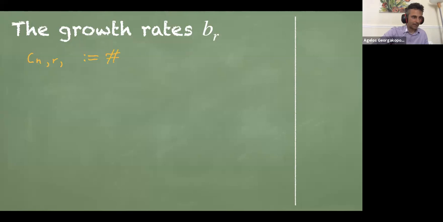So I'm going to count the number of interfaces of size n and boundary size, by which I mean the number of edges sticking out.